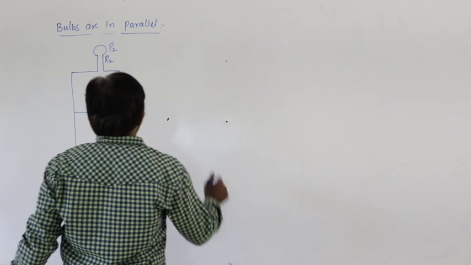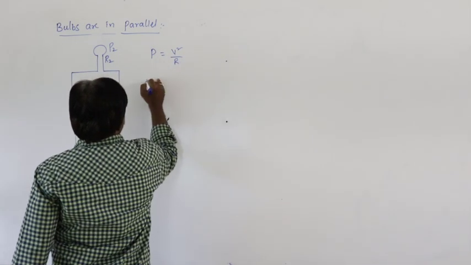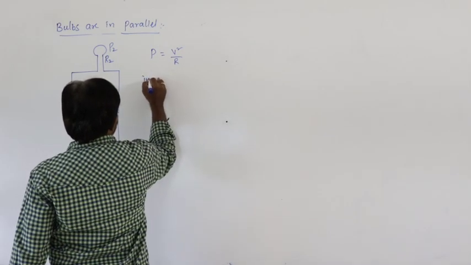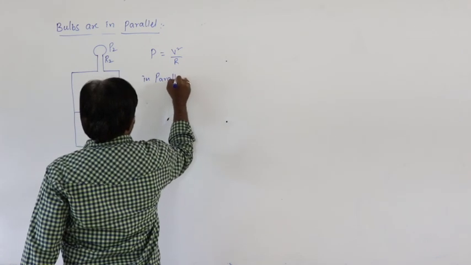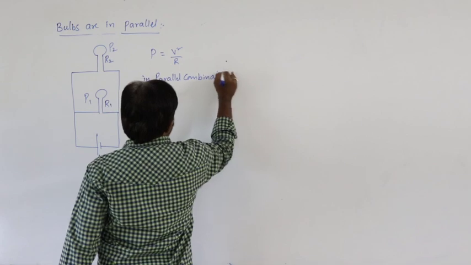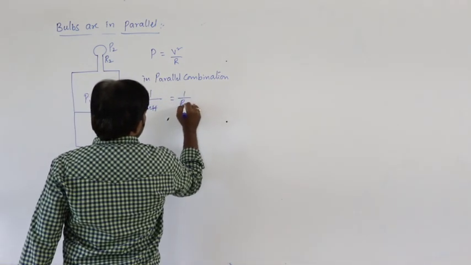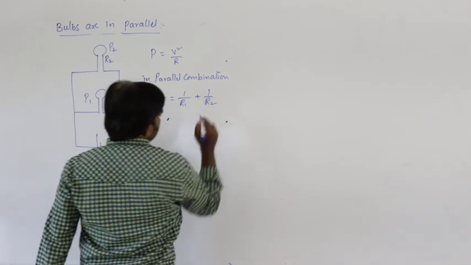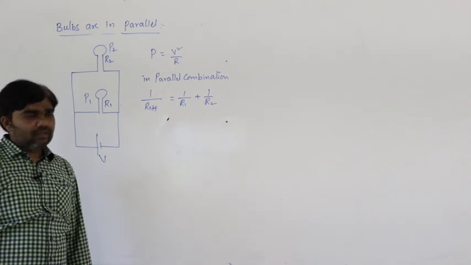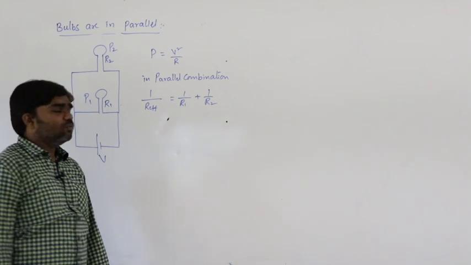Now we know P is equal to V square by R. But in parallel combination, 1 by R effective is equal to 1 by R1 plus 1 by R2. If the two resistances are connected in parallel, 1 by R effective equals 1 by R1 plus 1 by R2.